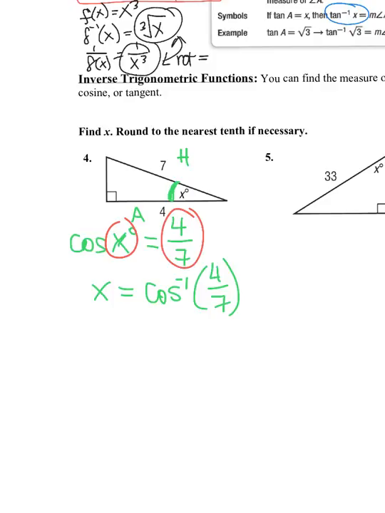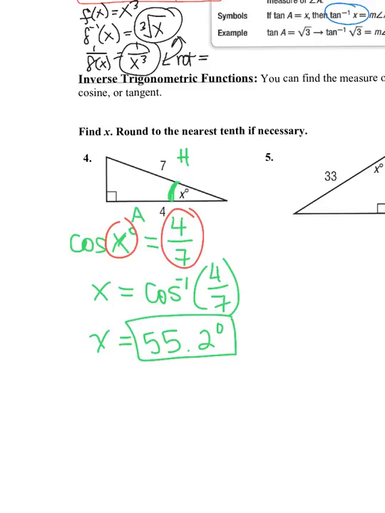Go ahead and find that on your calculator. Typically it's going to be the shift button or the second button and then cosine, and that will give you your inverse cosine. And if all goes well, hopefully you are getting an angle of 55.2 degrees.